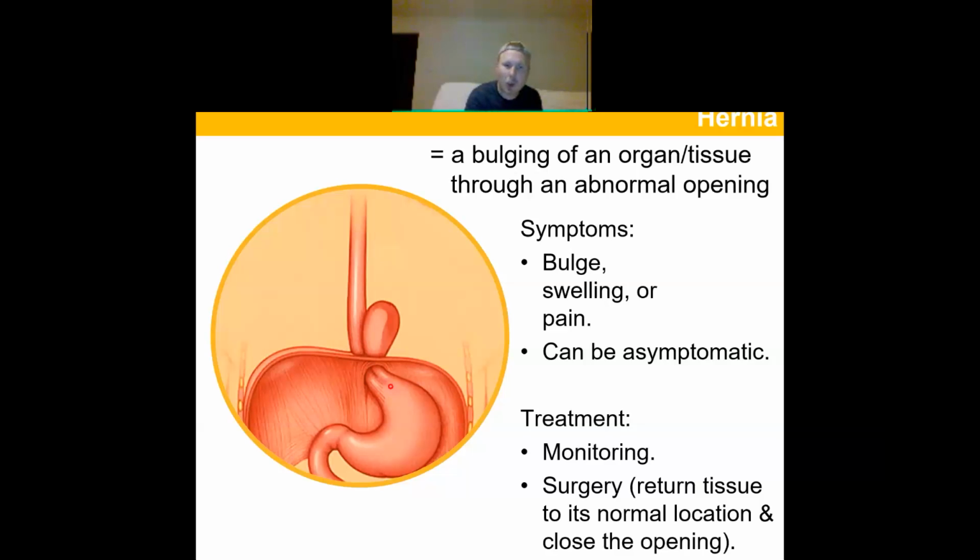Here, the stomach is actually squeezing up through this hole to a space where it shouldn't be. It shouldn't be in the thoracic cavity. So that's just something to know. That could be a problem. There's many different kinds of hernias in this area as well. It can be an issue. It can also be totally asymptomatic. But I just wanted to mention it, just so we know one clinical condition.